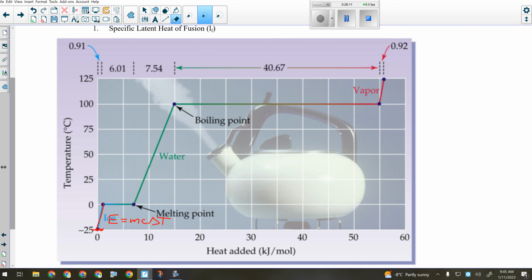So in this case, I would have 1,000 grams of ice that is being heated by how many degrees Celsius? If I start right here and I go to here, what's the change in temperature? 25 degrees. I go from minus 25 to 0. So, would I be able to calculate the amount of energy knowing I have 1,000 grams, I know it's ice, and I know the temperature change is 25? Absolutely.